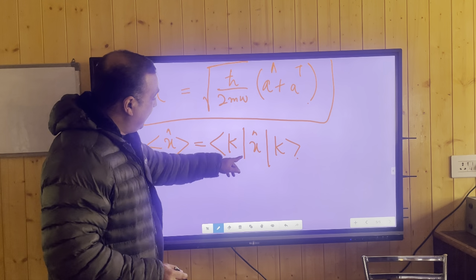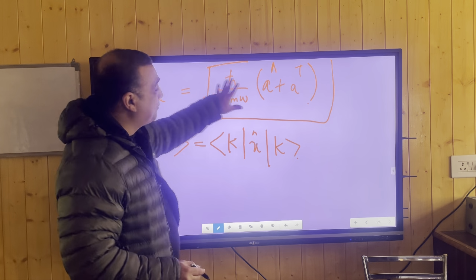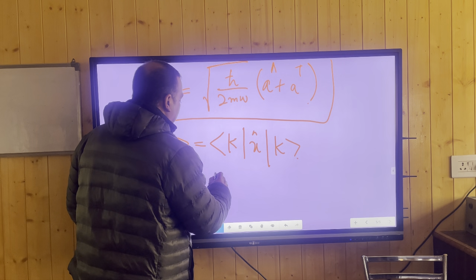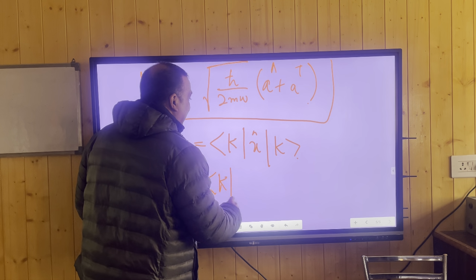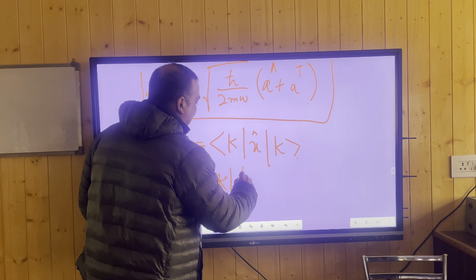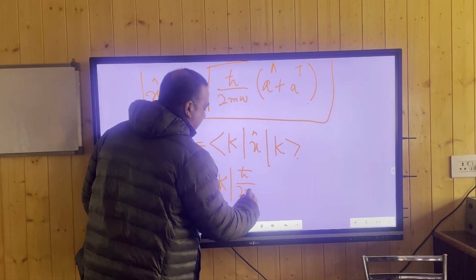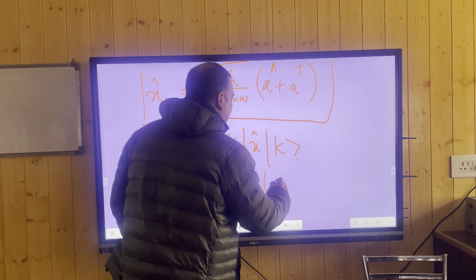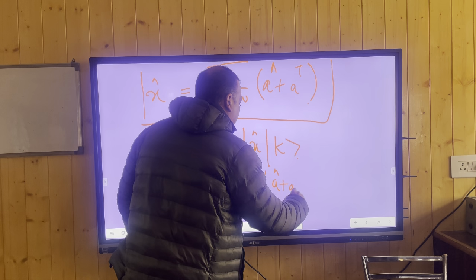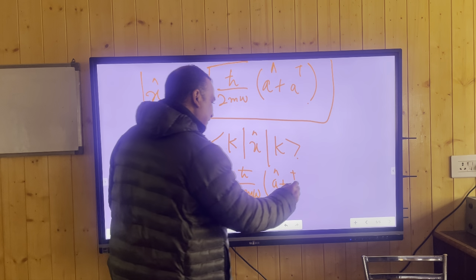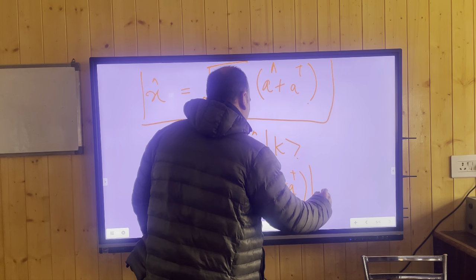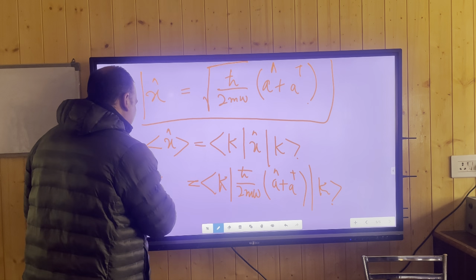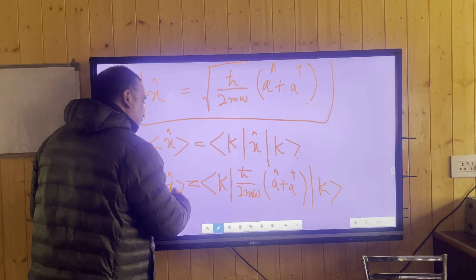So here, instead of x cap, I would like to substitute this whole thing. So you'll be left with k, and you will have h bar by 2m omega, multiplied by a cap plus a dagger, and you will close it, and then you are back with your state k.